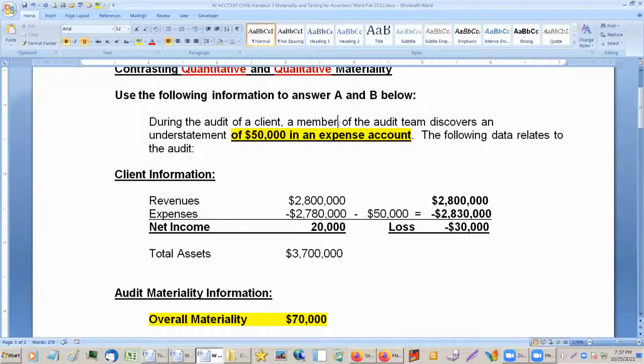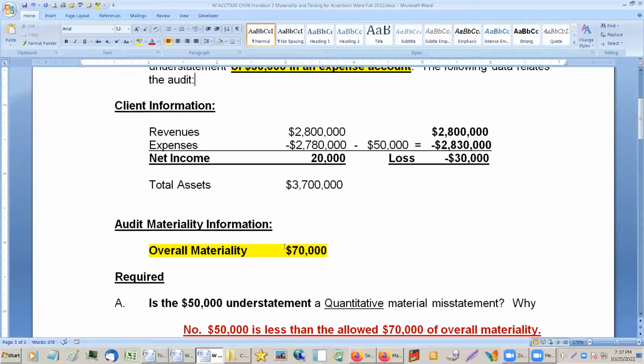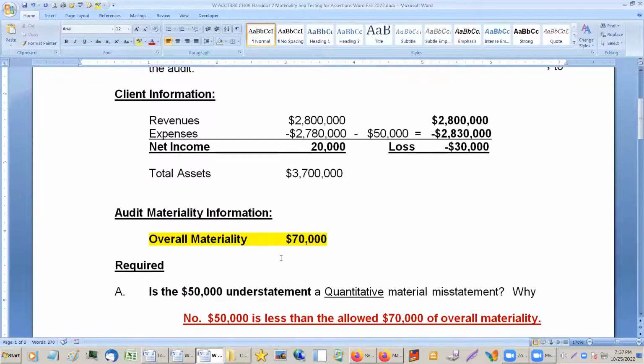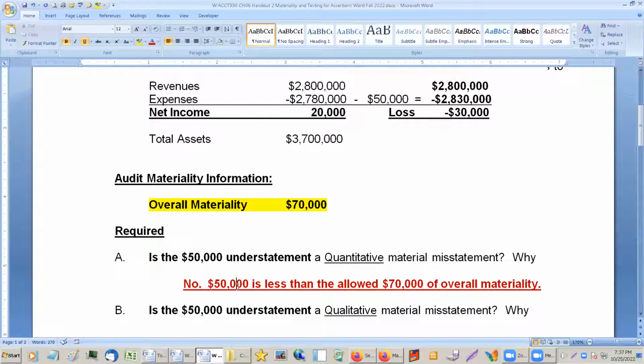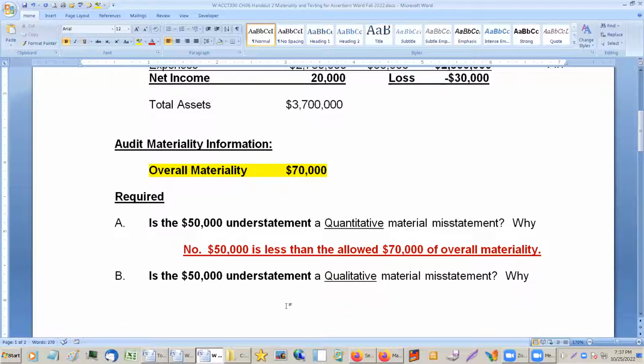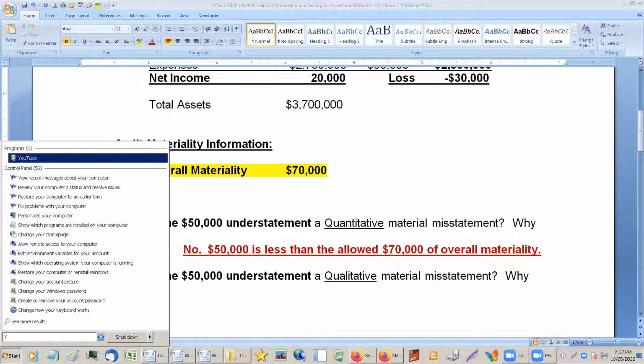So even though the $50,000 error is obviously less than the 70,000, it would be a judgment call, but most likely this is material.